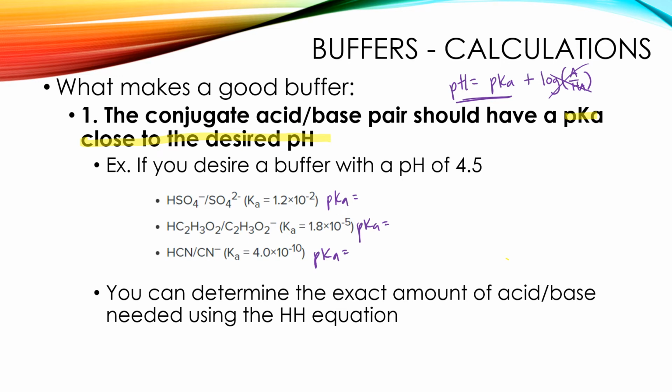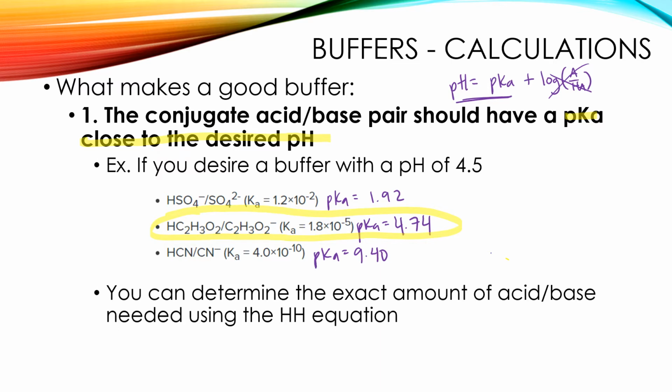So the pKa of this first one is 1.92. The second one is 4.74. And the last one is 9.40. So we can clearly see that the acetic acid and acetate combination is going to get me a pH closest to 4.5.